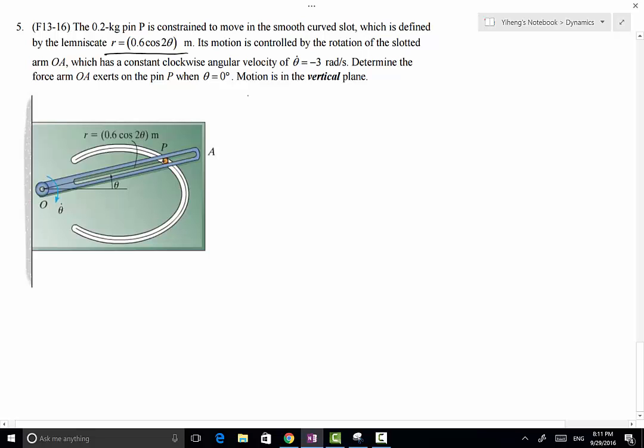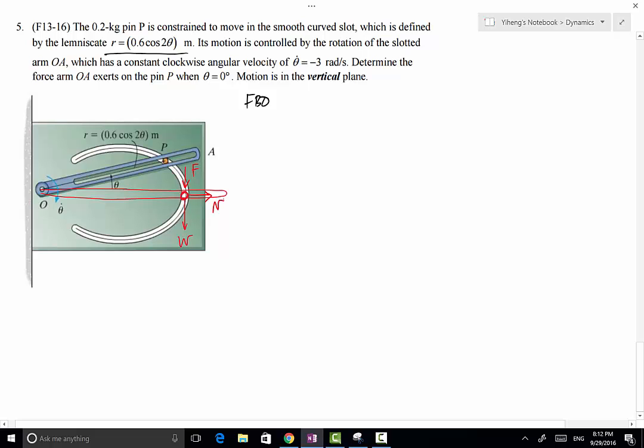So we can draw a quick free body diagram. At angle theta equals 0, the arm slot is here. So the pin is right here, subjected to its weight force, and then a force from the arm, which is always normal to the arm, as well as a normal force from the slot. In this case, the normal force will be in this direction.